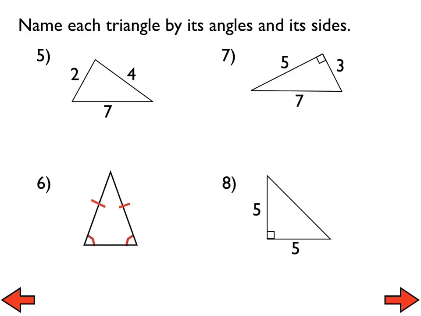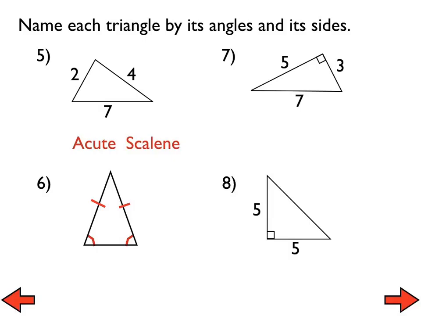Number 5, Trevor. Obtuse scalene. It is not obtuse. All 3 of those angles are small. Change your answer. Acute scalene. Very good. Number 6.